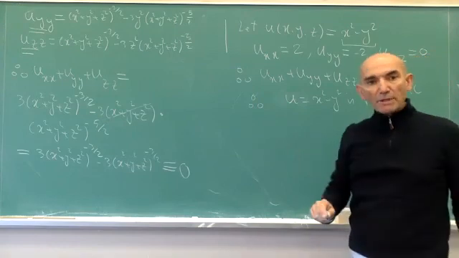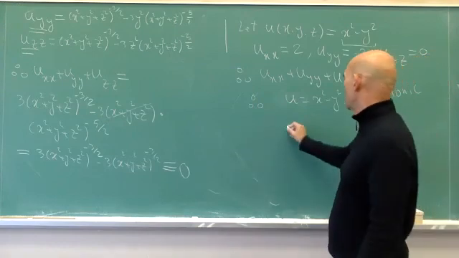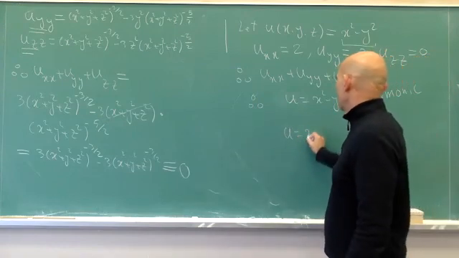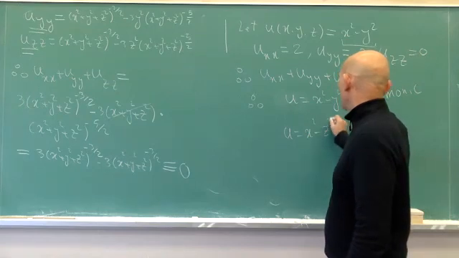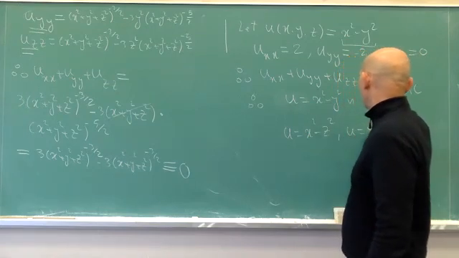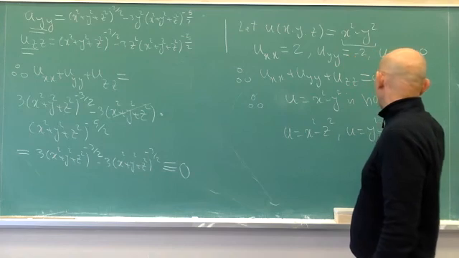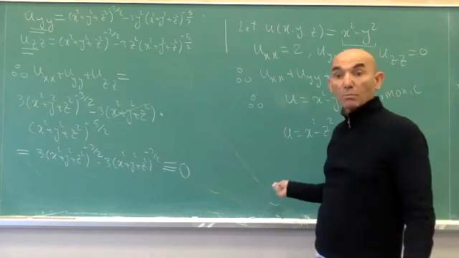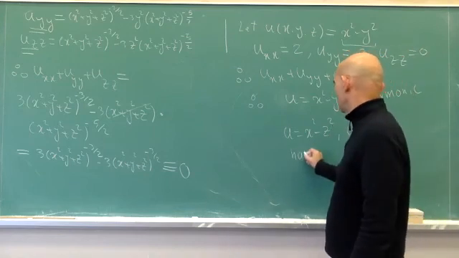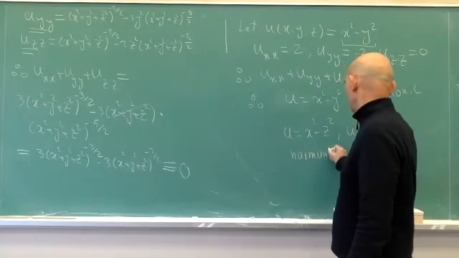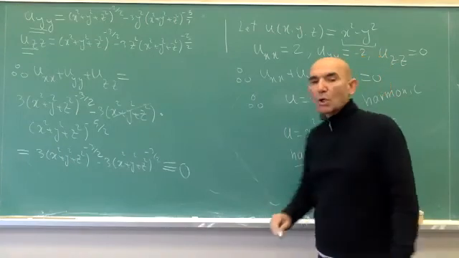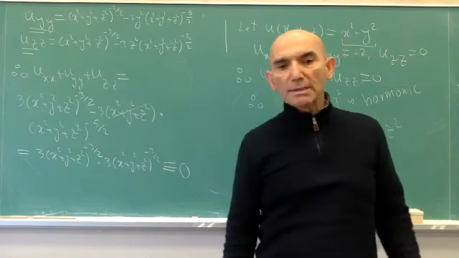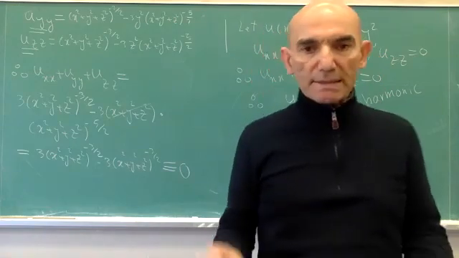In a similar fashion, you can show that u equal to x squared minus z squared, and u equal to y squared minus z squared are harmonic as well. So these are very simple examples of functions which are not symmetric.